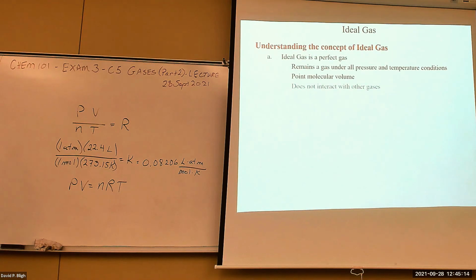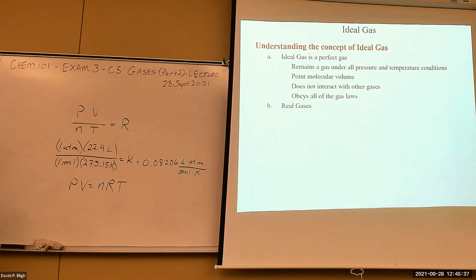These are the things we talked about last time for an ideal gas. It remains a gas under all conditions of temperature and pressure. No, that's never going to happen. That's the ideal gas. It has a point molecular volume. Remember math? What a point is?